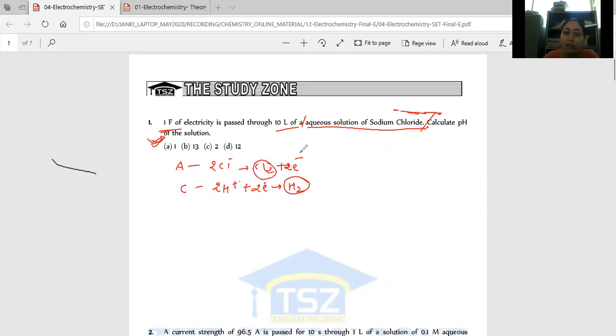Now the basic concept. In the question, the understanding is this: if we have an aqueous solution of NaCl, we have Na plus, Cl minus, and in water, what will I have? H plus and OH minus.